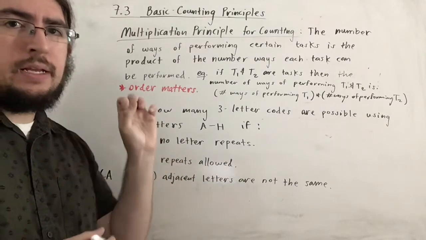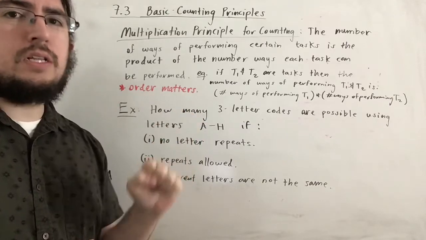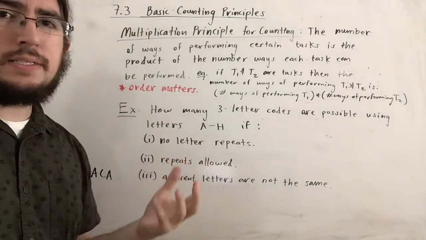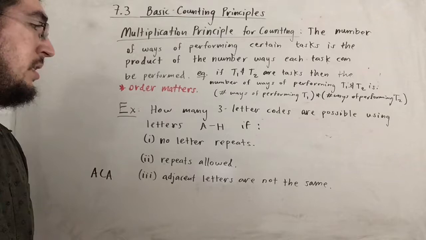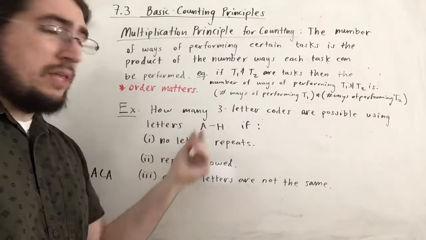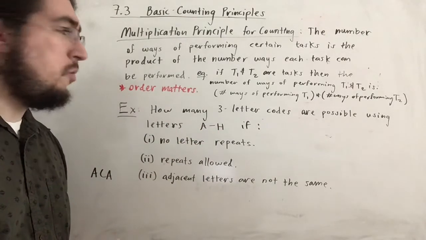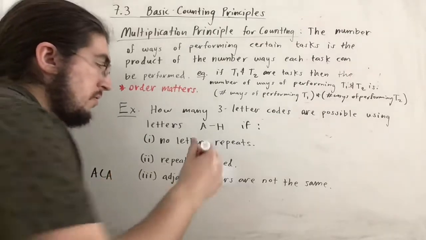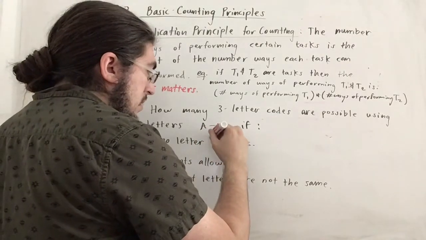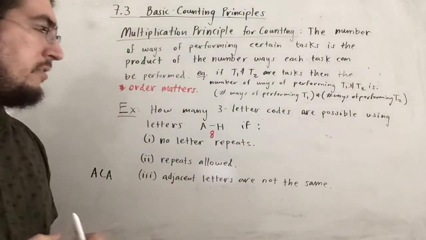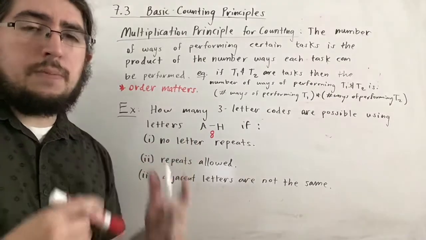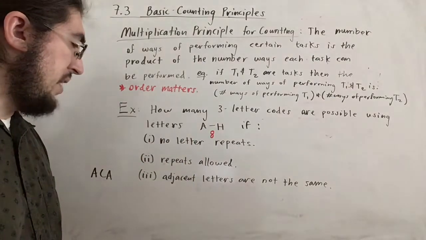We'll pick letter 1 first, then letter 2, then letter 3. By the way, notice A through H is a total of 8 letters, so we have 8 letters to play with, and we want to make a combination of 3 of these.